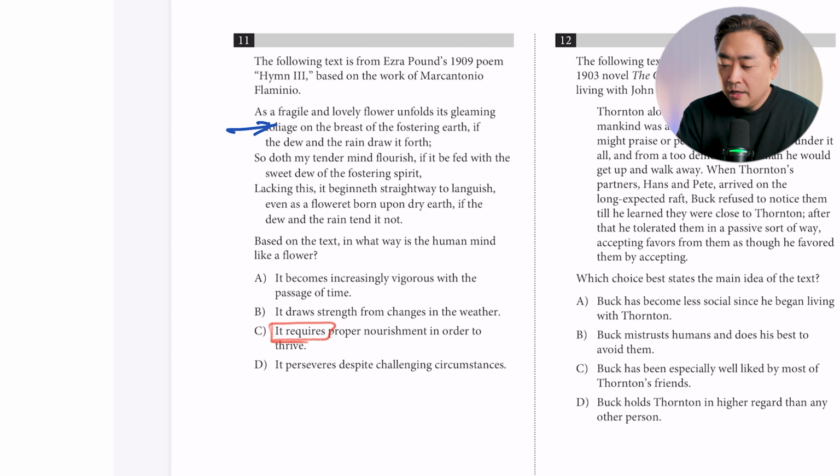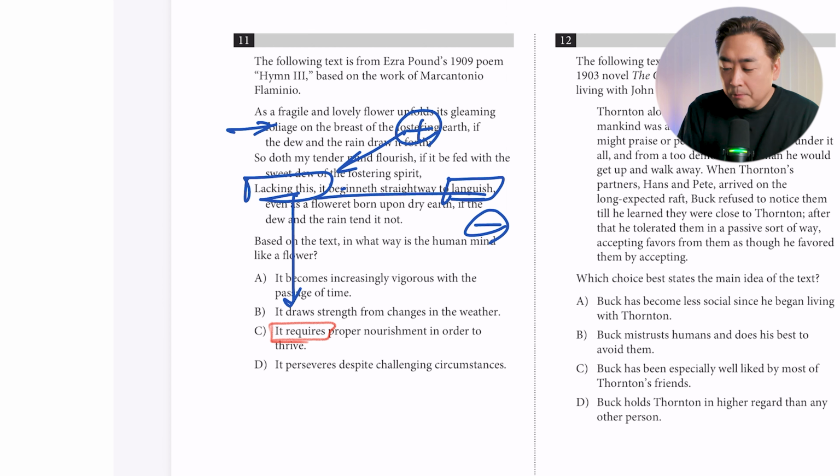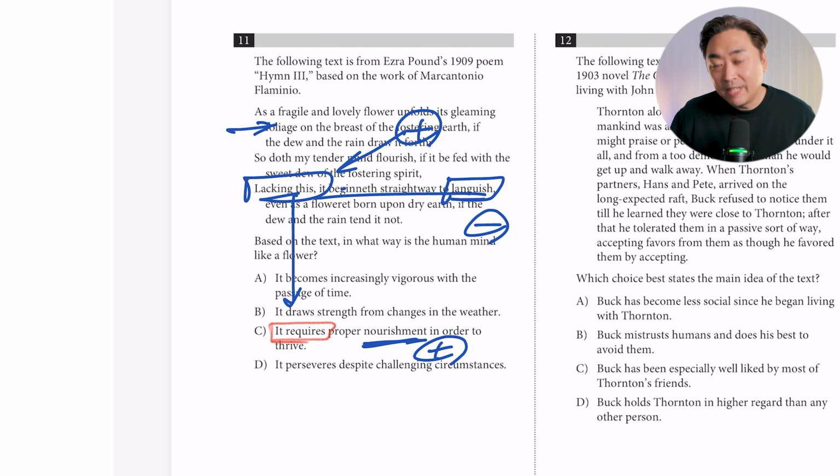It's saying, hey, I have all these positive things, right? Whatever that is, I need whatever that positive is. If I don't have that, I'm going to become negative. So that means I'm talking about a requirement for me to stay positive, nourishment. That's it. So the answer is C.